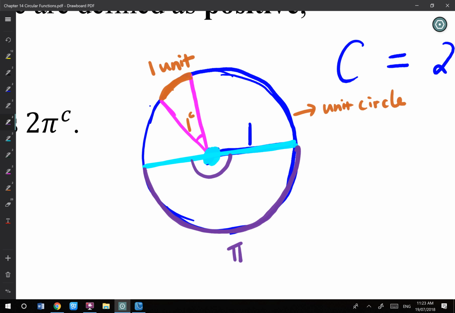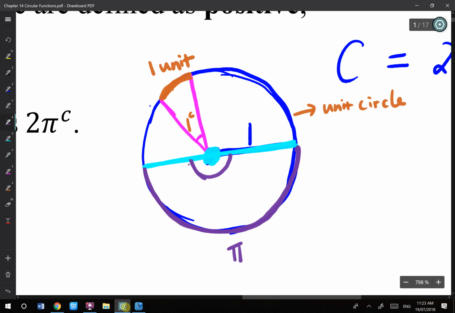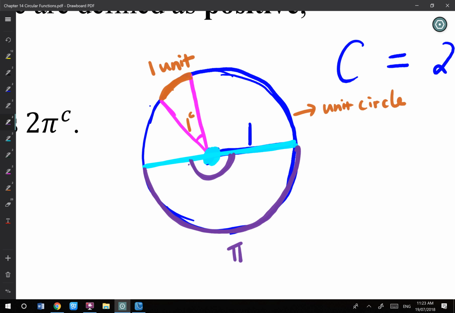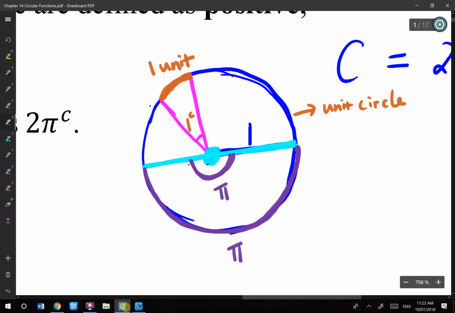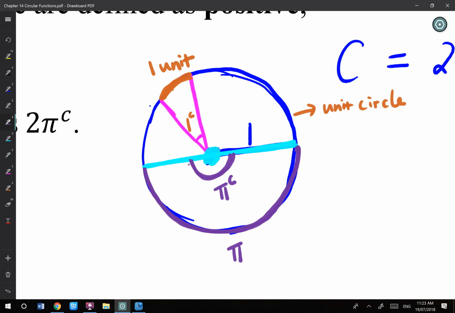Almost there. The length here for this half circle is pi. So in radian form, what is this angle? Pi radian, right? So we'll say that's pi radian. In degrees, what is this half circle? 180 degrees, right?